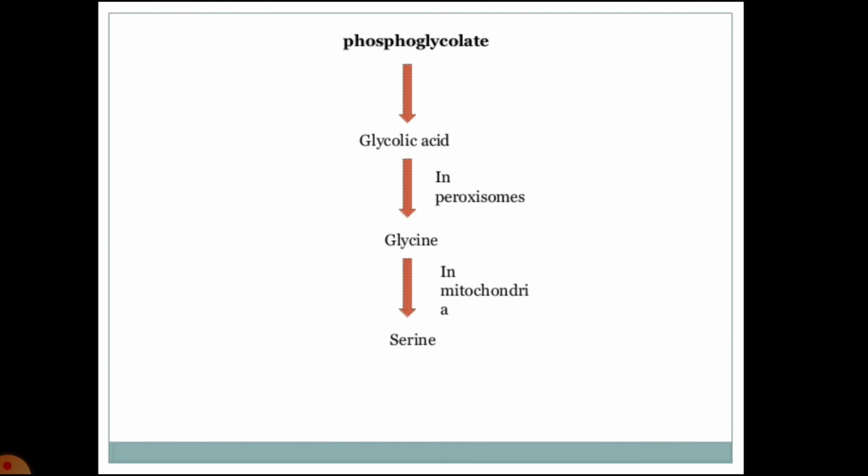After some chemical reactions, serine is converted into glycerate. Glycerate diffuses out of the peroxisome and enters the chloroplast. Here the glycerate is phosphorylated, forming phosphoglyceric acid, which enters the Calvin cycle.